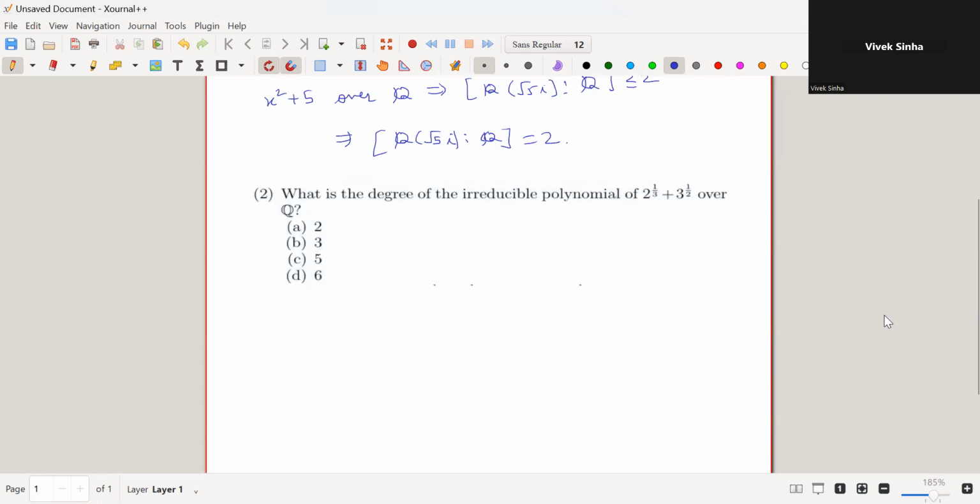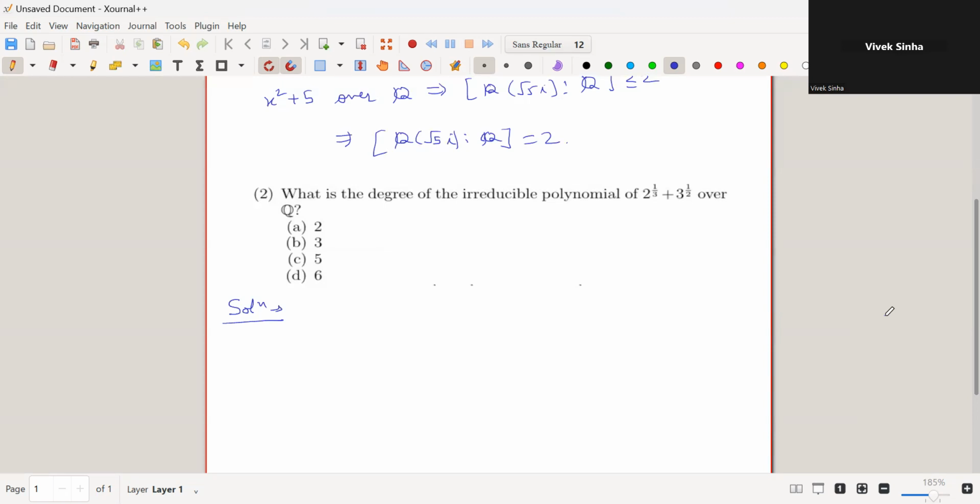So the options are 2, 3, 5, and 6. If you just want to make a guess, or if this question comes as an objective question and you just want to select an option, then the solution is not difficult. You can easily choose the right option among these four. So how can you do that?